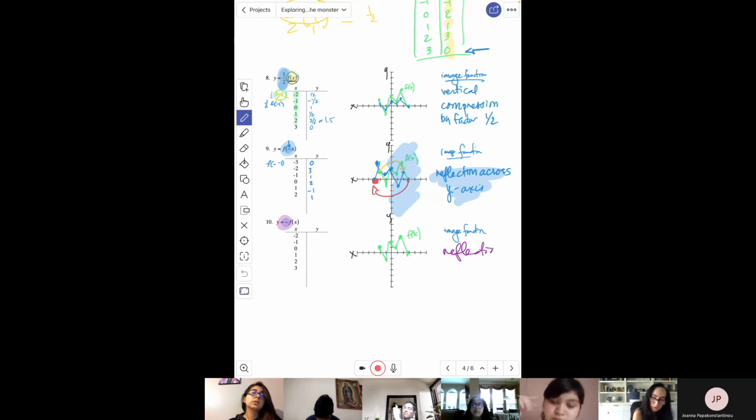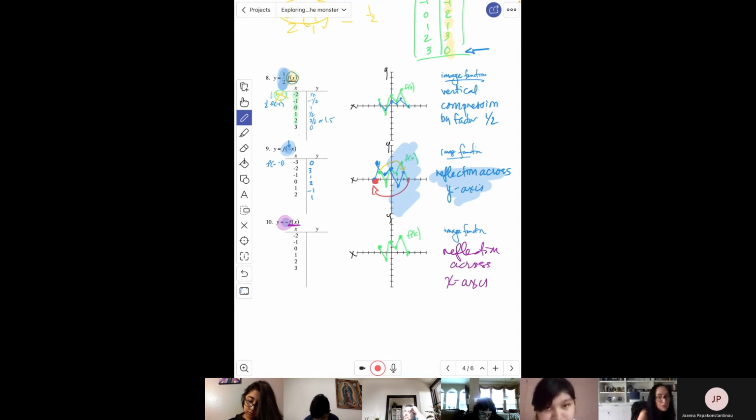That is absolutely correct. Why? Because I'm taking each of these y values in our original function and I'm taking the opposite. So if my y was positive, it's now negative. If my y was negative, it's now positive. So it's a reflection across the x-axis.